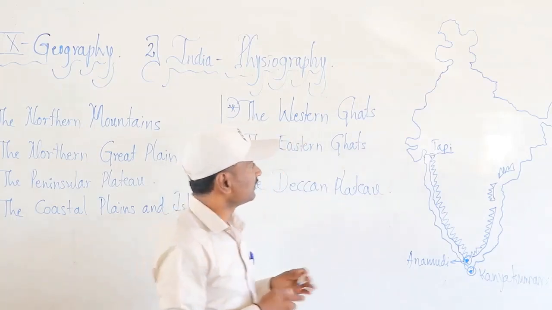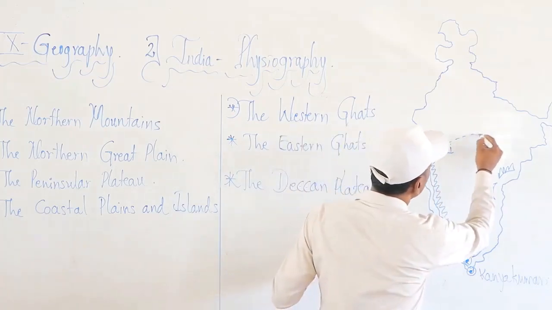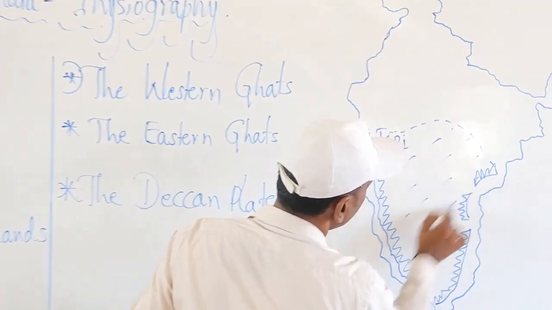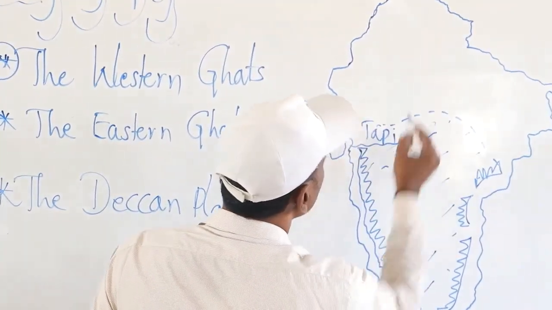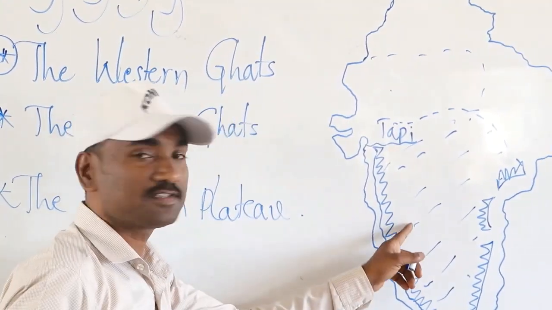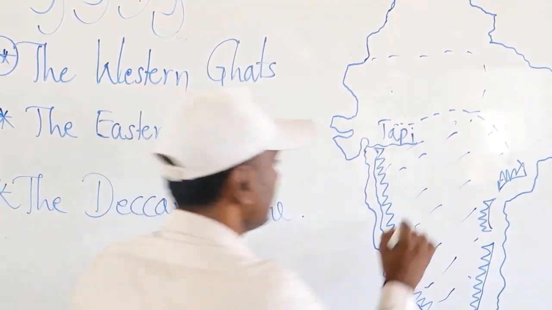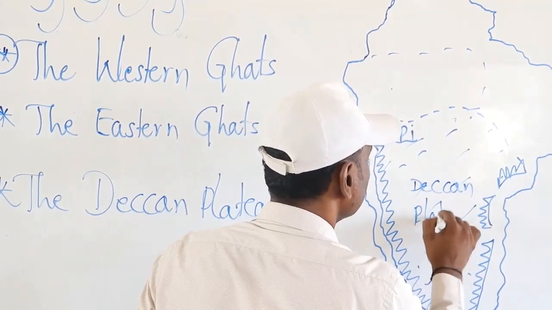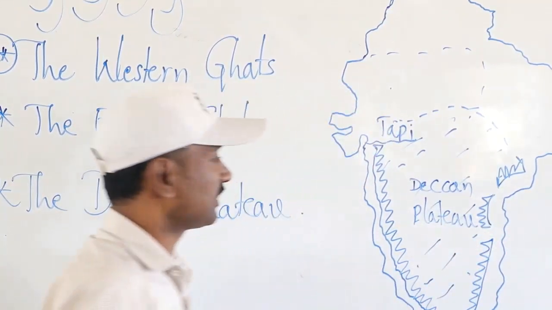In between is the Deccan Plateau. This area is the Deccan Plateau. This upper part is the Malwa Plateau. This is the Deccan Plateau.